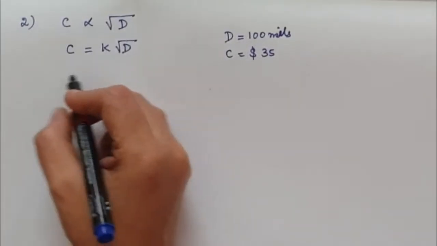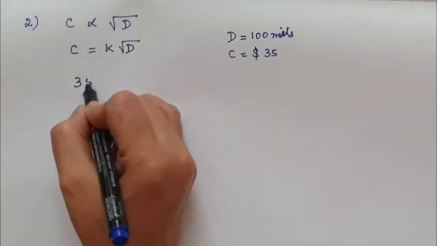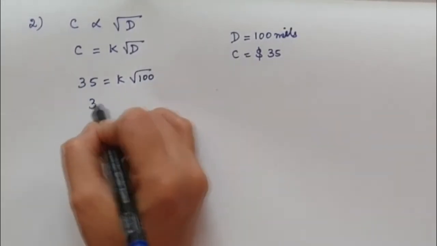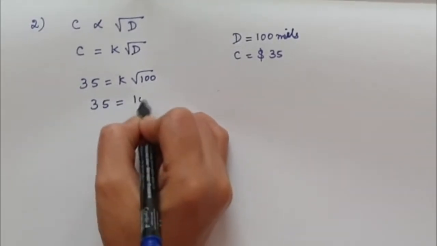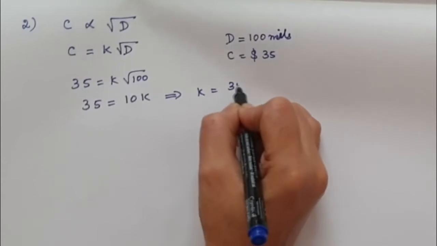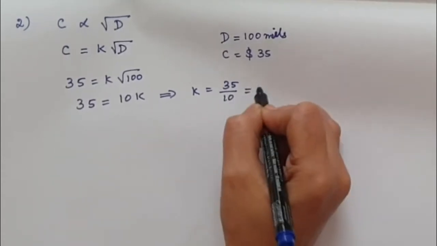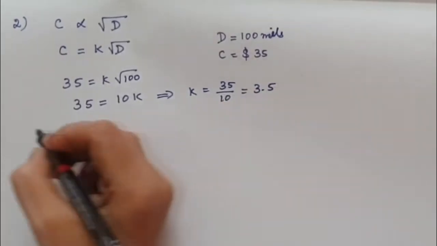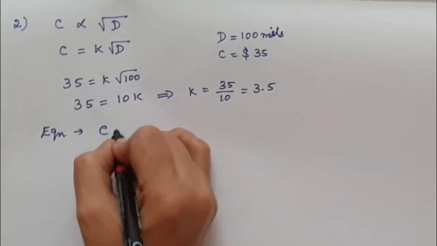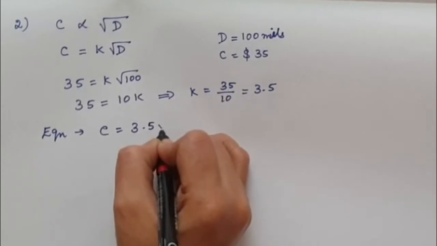So let us substitute in this. That is 35 will be equal to K into square root of 100. So 35 will be equal to 10K, which implies K will be equal to 35 divided by 10. So it is 3.5.